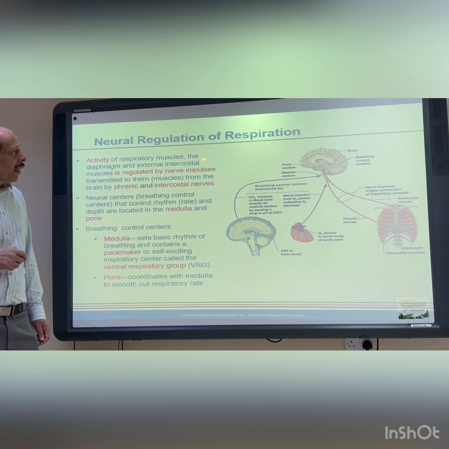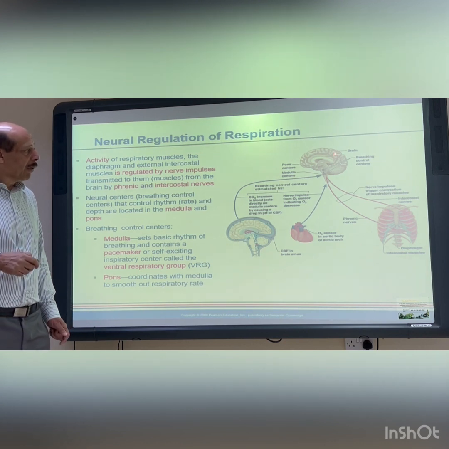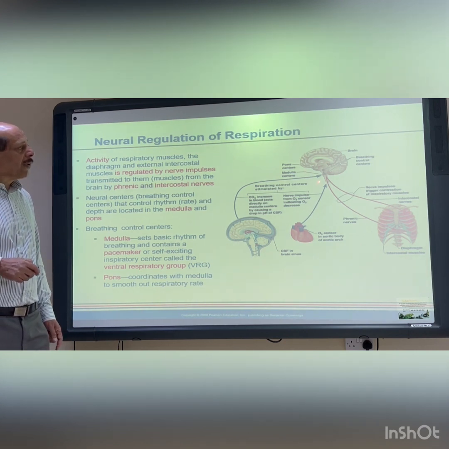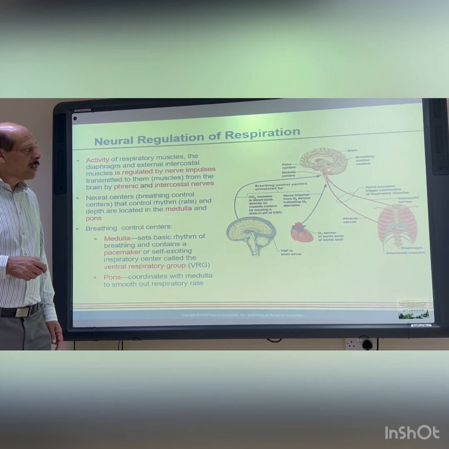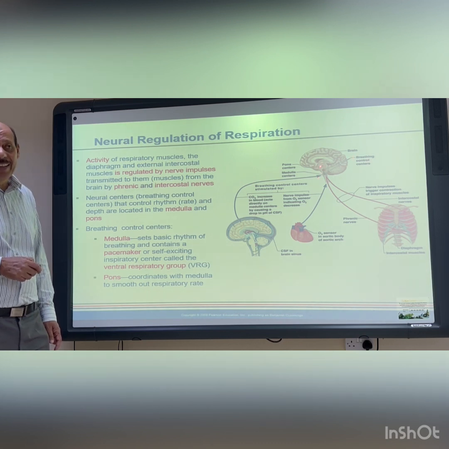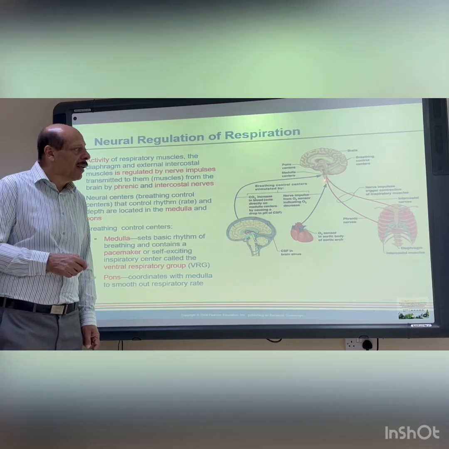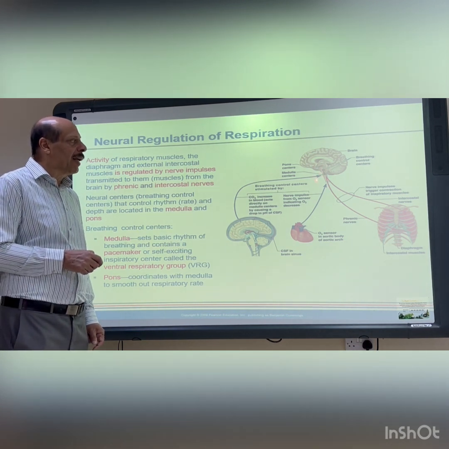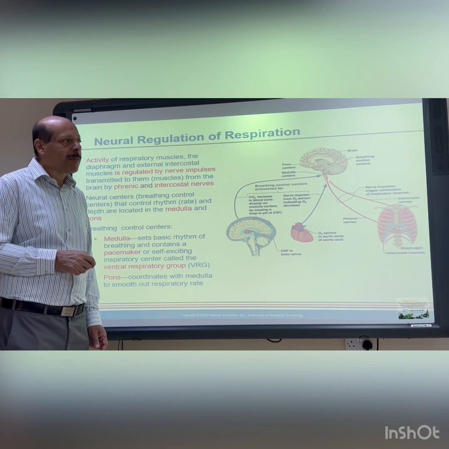The neural regulation here, if you see, we have the pons and medulla. The breathing control center is present in the medulla oblongata and in the pons, and both the pons and the medulla regulate the respiration.